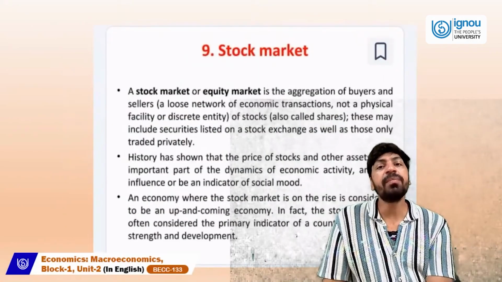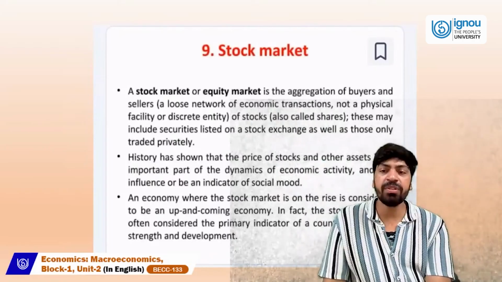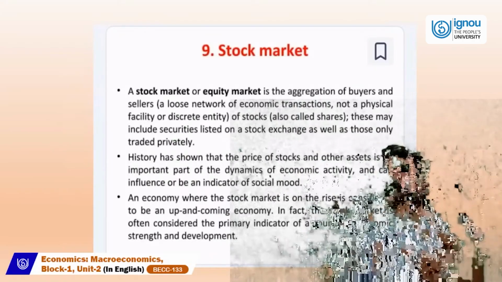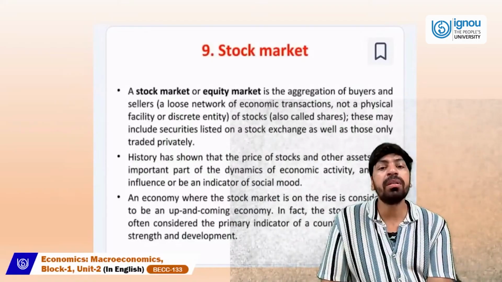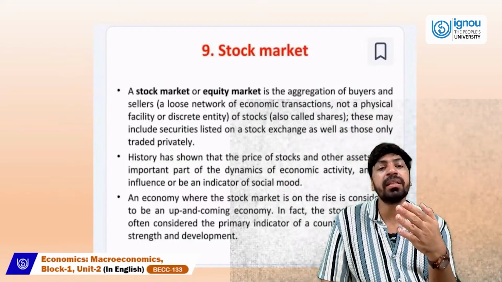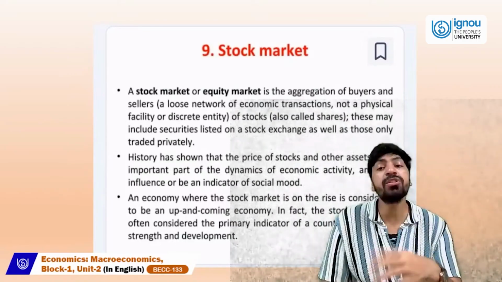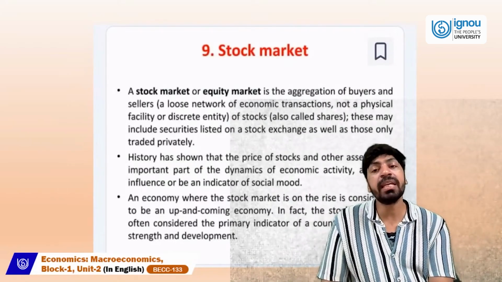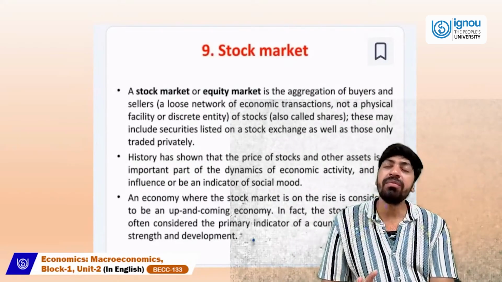The next concept is the stock market. When we talk about the stock market, it is also called the equity market. It is also called stocks, or in other words, shares.